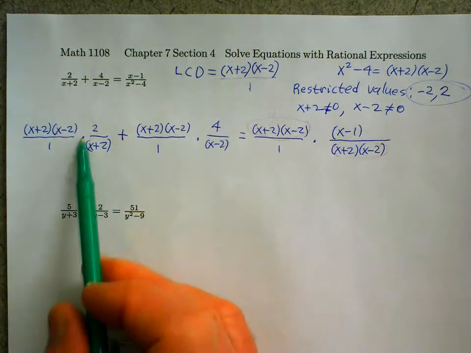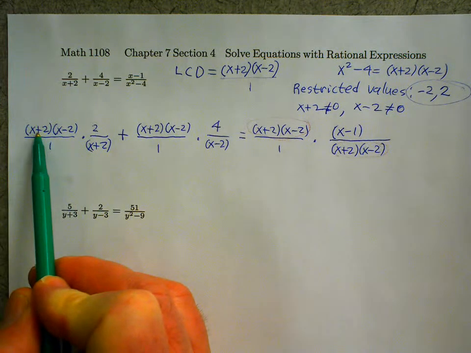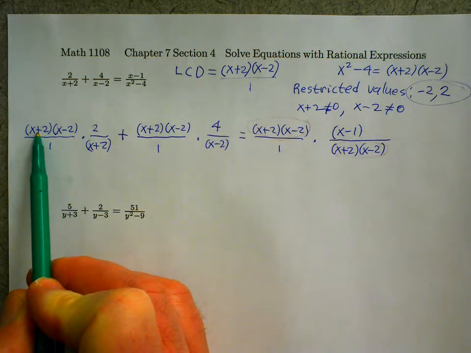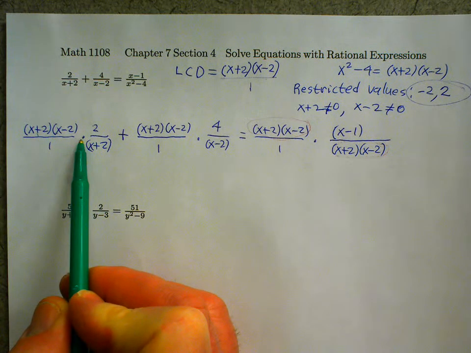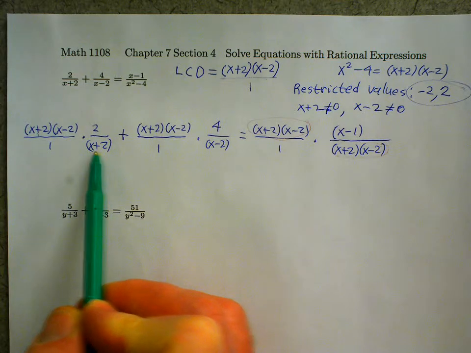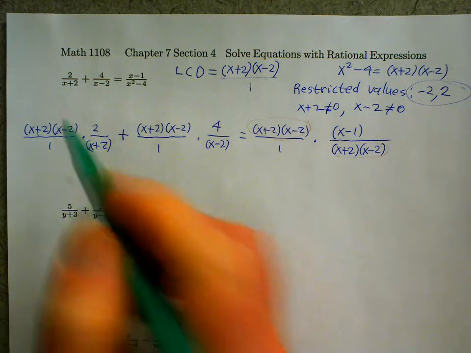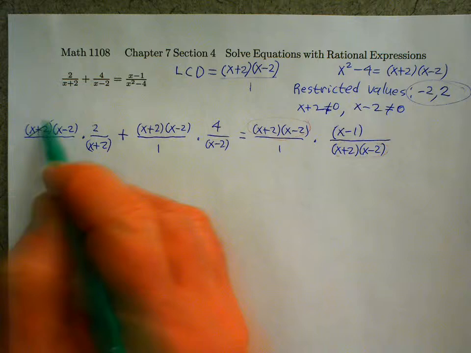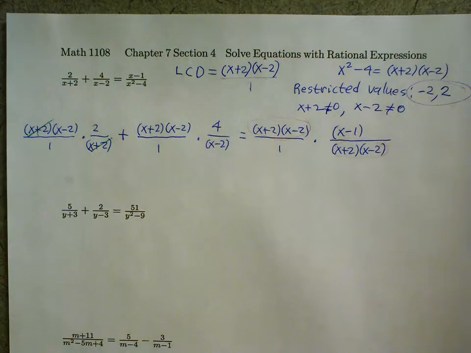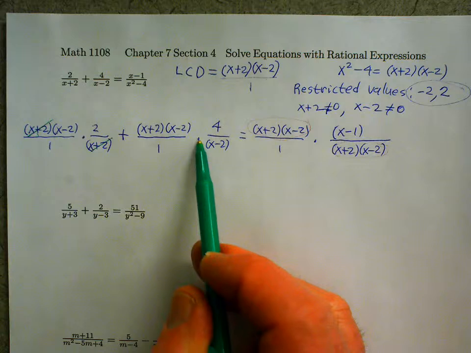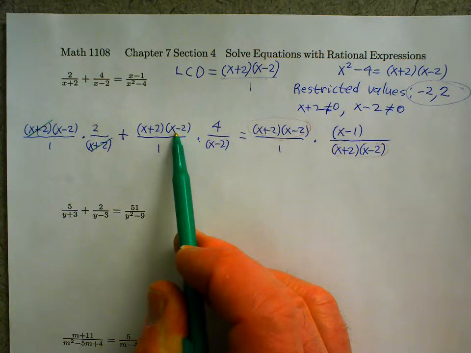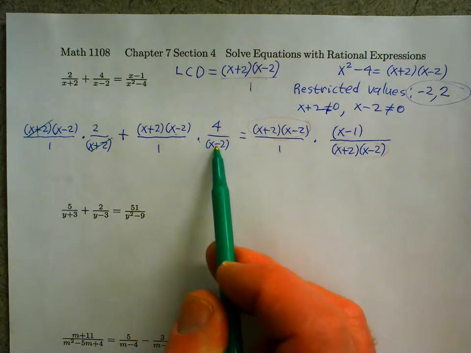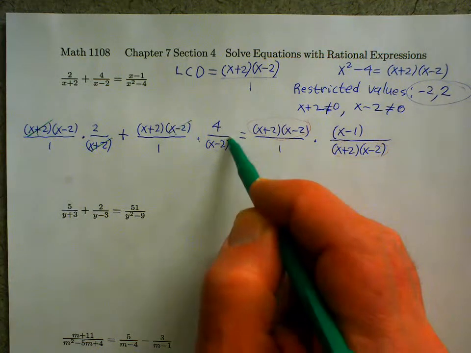Okay, in the first product, the factor x plus 2 from the numerator divided by the factor x plus 2 in the denominator equals 1. So those factors cancel each other out. In the next product, the binomial x minus 2 from the numerator divided by x minus 2 from the denominator, those cancel each other out.